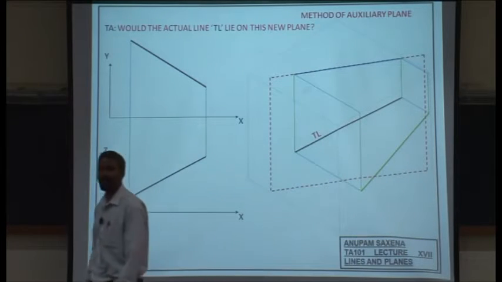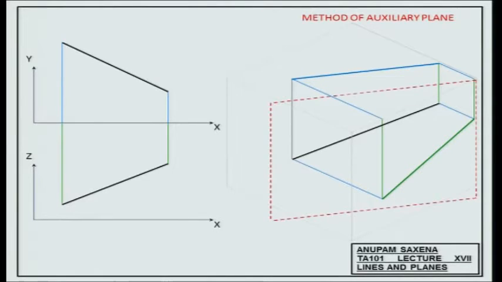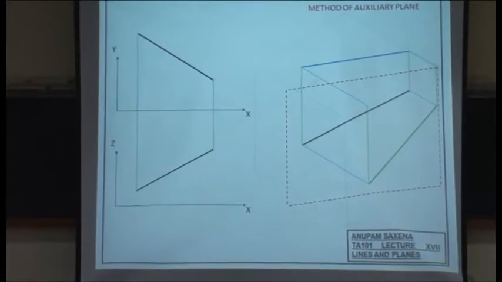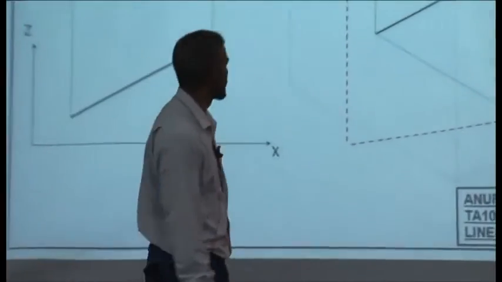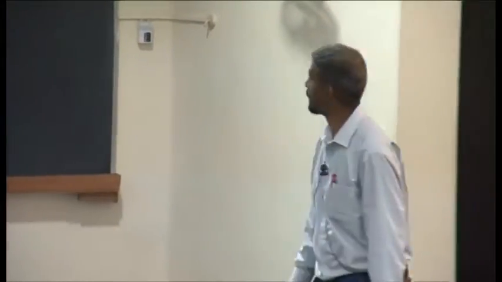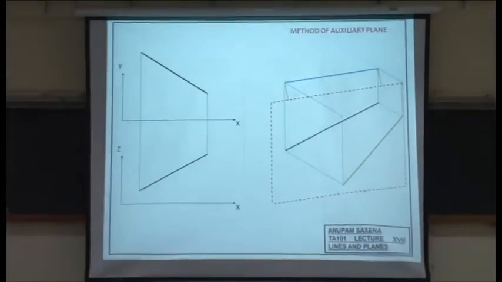It doesn't really matter where I locate that plane in space, so long as that plane is parallel to itself. So instead of using that dotted plane, perhaps I can shift that plane forward or backward, so long as I ensure that the plane is parallel. Fine? All right. Now what I do is I drop verticals from the corresponding projections onto that plane.